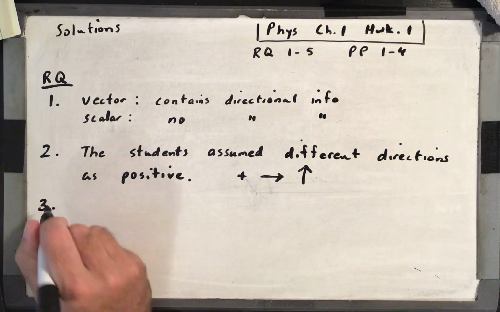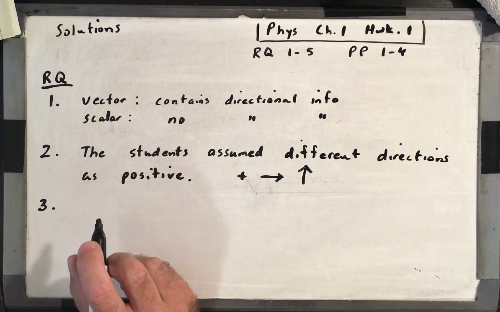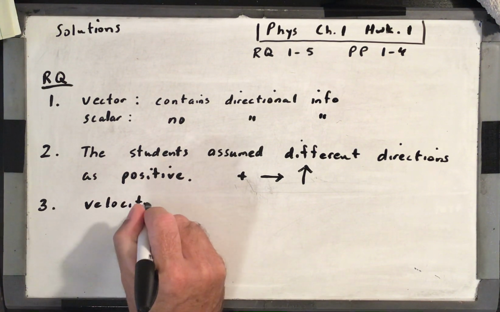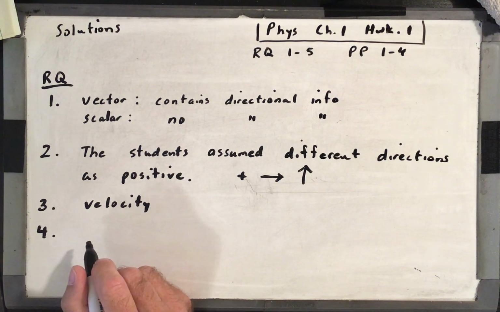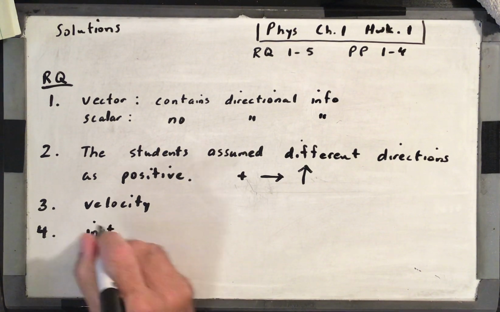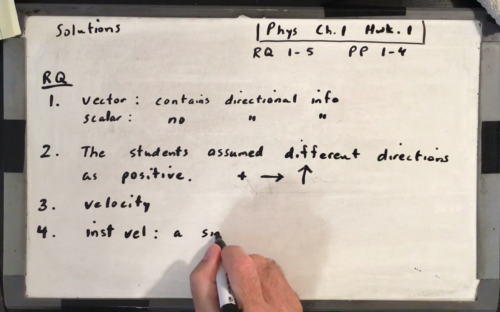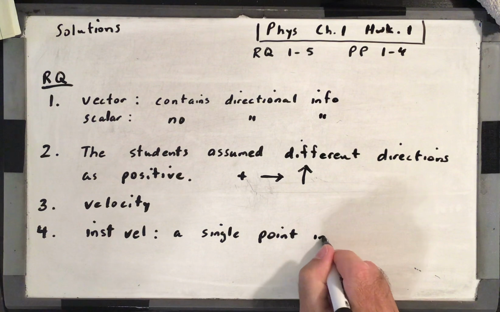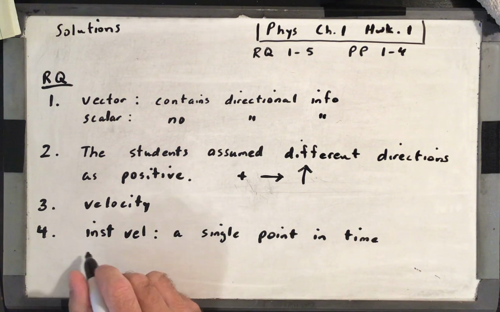All right, number 3. Okay, that one says, what is a vector quantity, speed or velocity? Velocity is the vector quantity. Number 4, what's the main difference between instantaneous and average velocity? Well, instantaneous velocity is a single point in time. Can't calculate it without calculus.